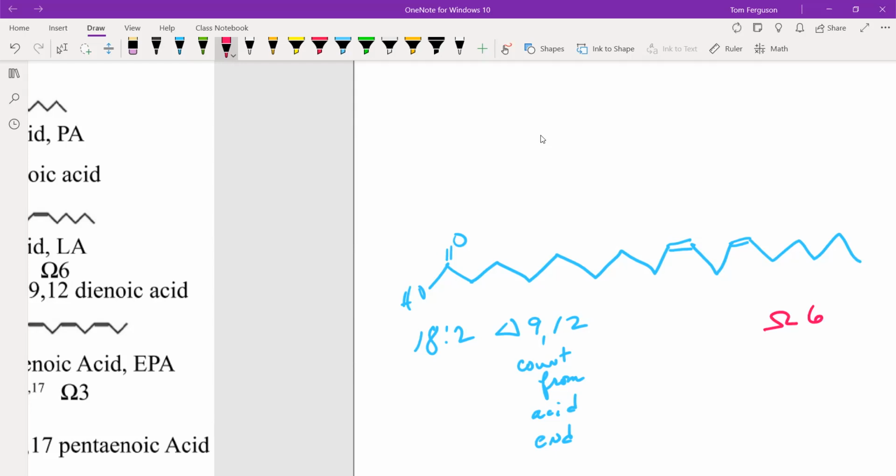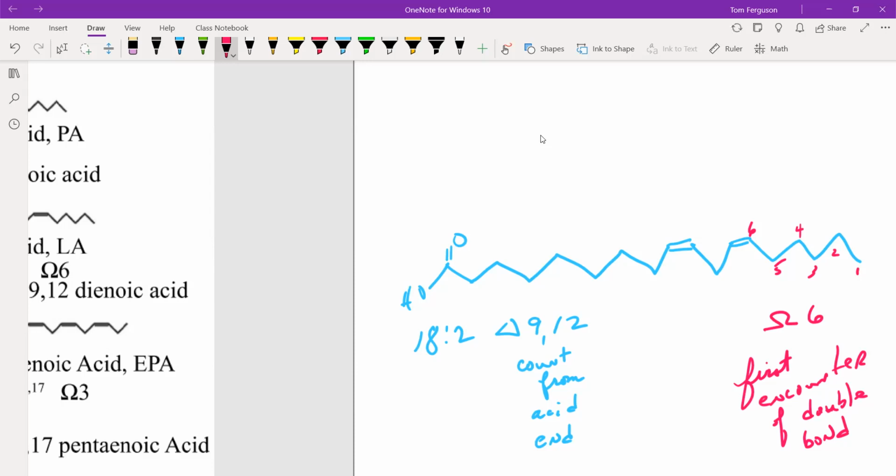The omega designation counts from the first encounter of a double bond at the other end. So this omega-6 is used by dietitians and in the food industry.